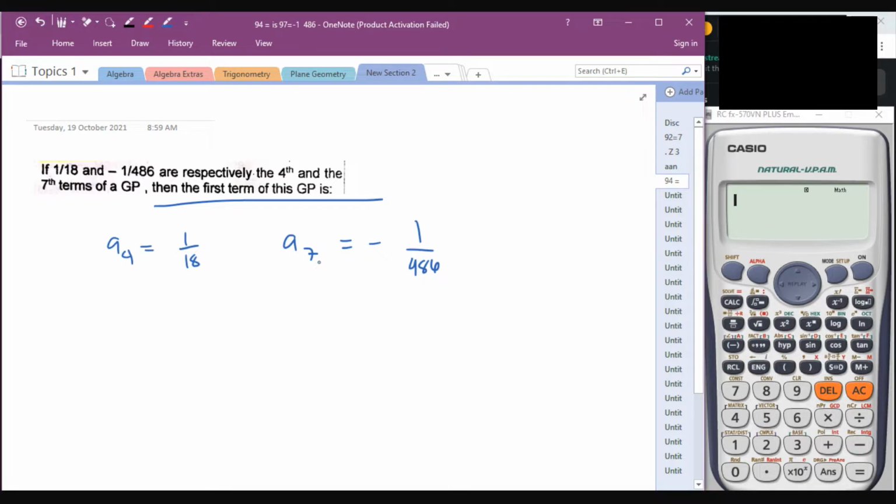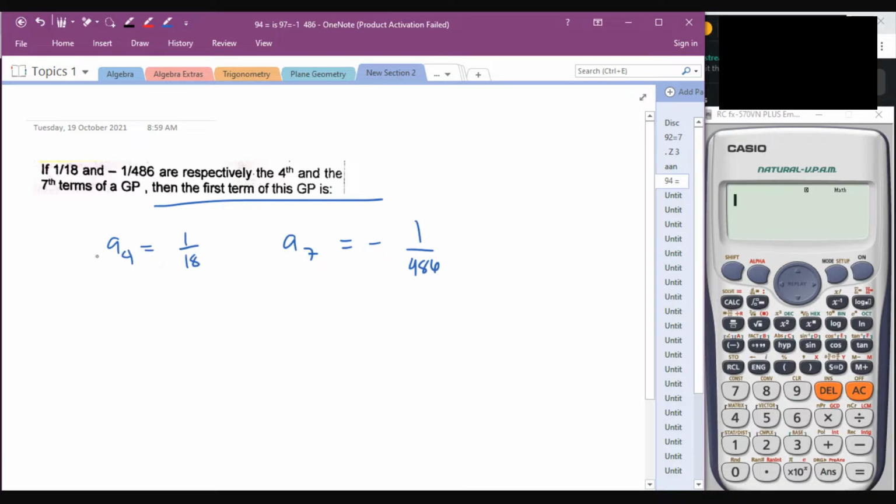Let me find the note. For the geometric progression, I feel like I missed something here. Okay, that's fine.